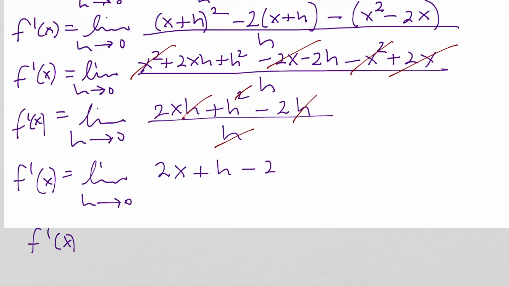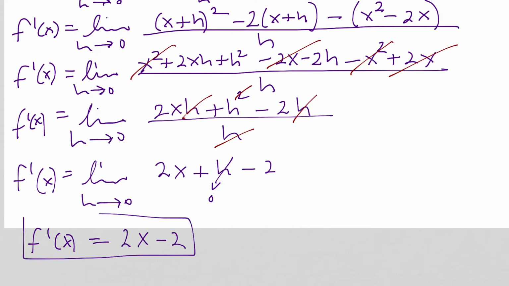So this will go to 0 here, and we have 2x minus 2. So this is my function f prime of x, which is applicable to any x values for which this limit here exists.